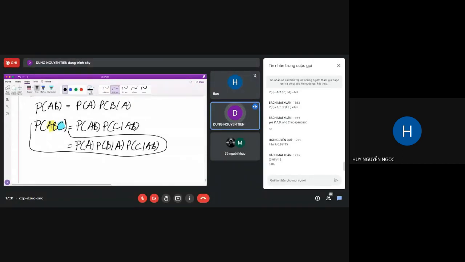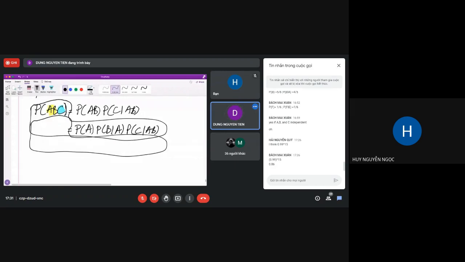If there are more events, let's say you have 4 events, the probability of A, B, C, D, you should get the probability of A times B given A times C given AB times D given A, B, C. Is that clear? Is that clear to you? Yes, sir.